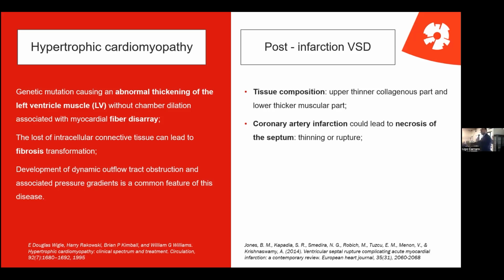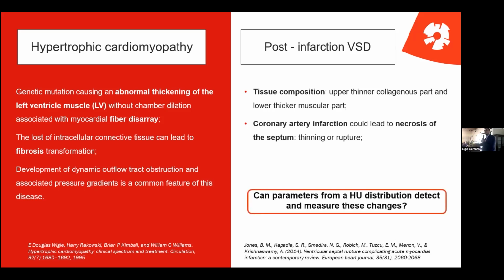On the other hand, the post-infarction VSD is a coronary artery infarction that can lead to a necrosis in the septum that can thin or rupture. And so we have two different pathologies that change and characterize the tissue. So the question was, can parameters from a Hounsfield unit distribution detect and measure these changes?